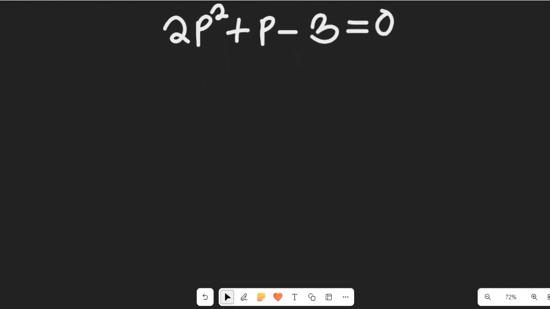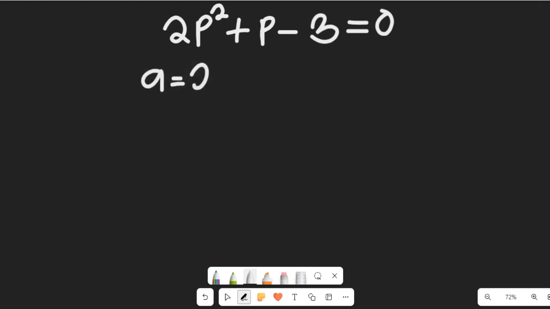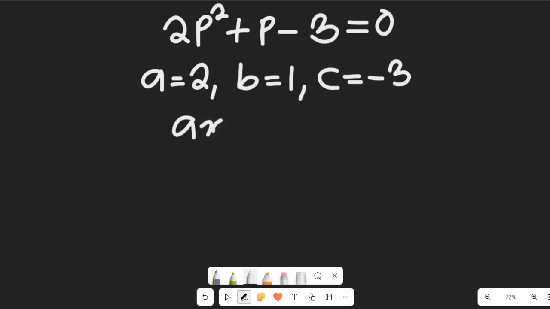If we compare this to the quadratic expression, you'll see that a is equal to 2, b is equal to 1, and c is equal to negative 3, right? When you compare this expression to ax squared plus bx plus c equal to 0.